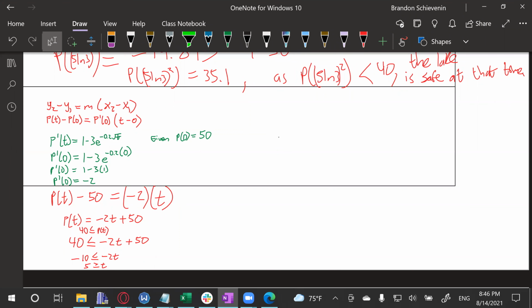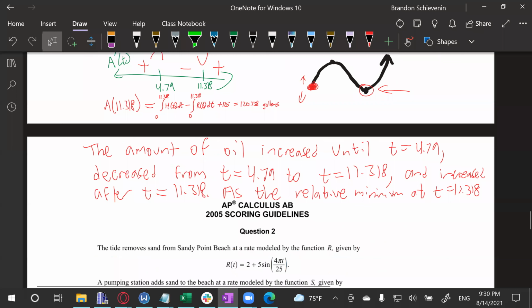And increased after t equals 11.318, as the relative minimum at t equals 11.318 was less than the starting amount.